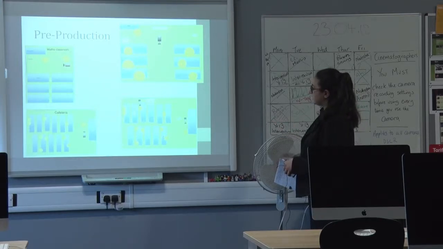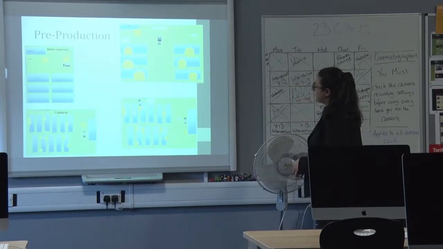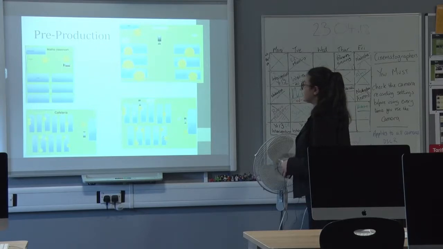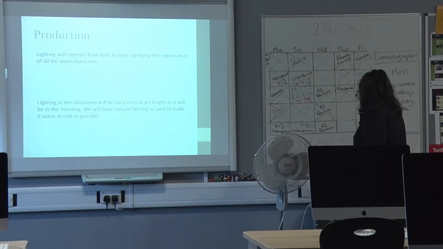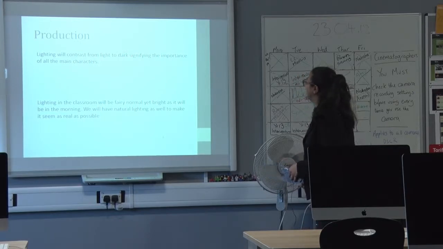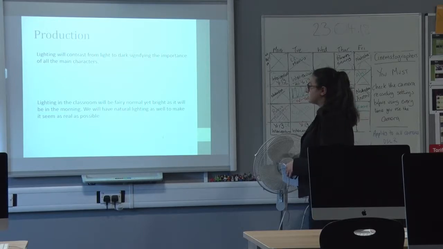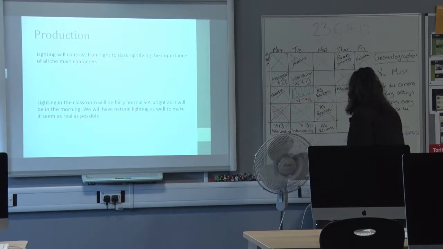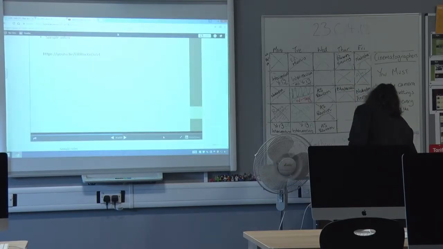So here you can see that, which is a tracking shot, which I've used for my lighting plan, that I've used natural lighting to make it as realistic as possible, but also use LEDs at the back and at the front. So as you can see, the lighting will contrast from light to dark again, and we will also have natural lighting. So here's my sample video.